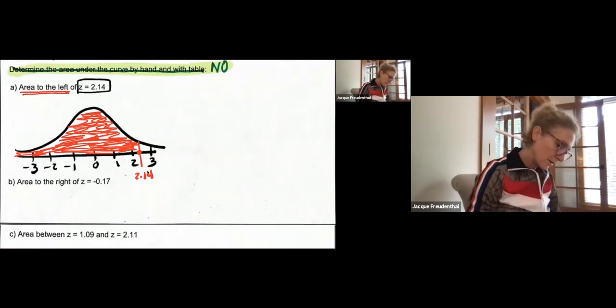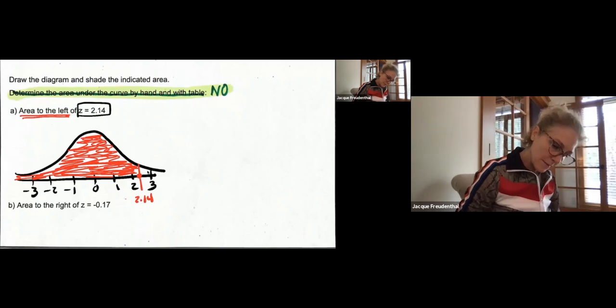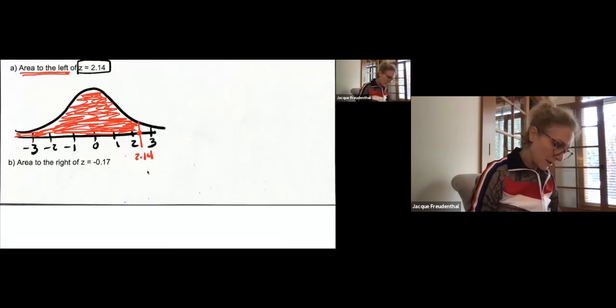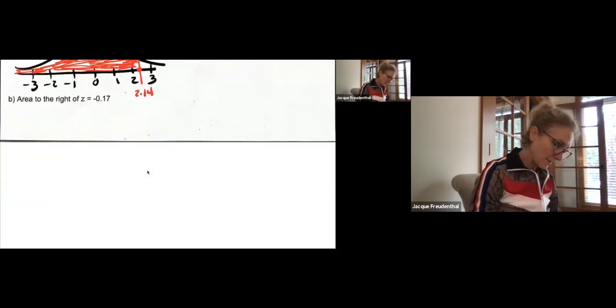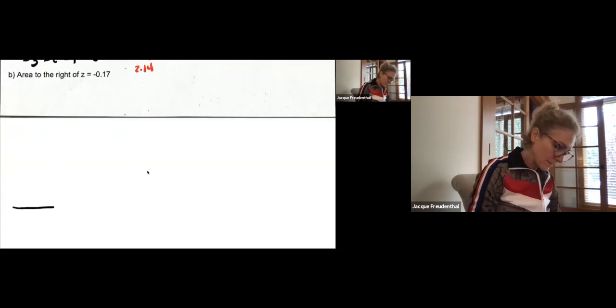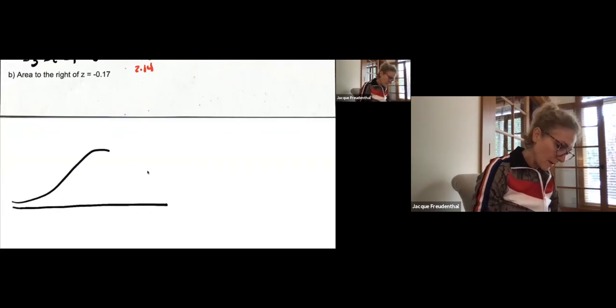Okay, so area to the right, negative 0.17. So I'm going to draw my diagram here. We're still looking at z-scores because it says z equals. So put your scale on.